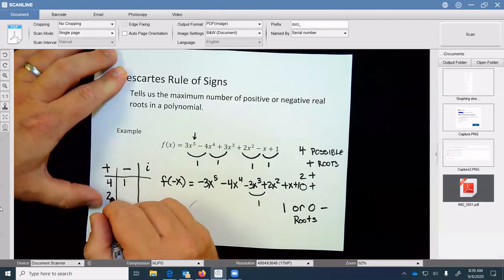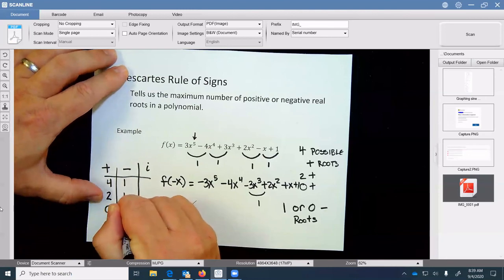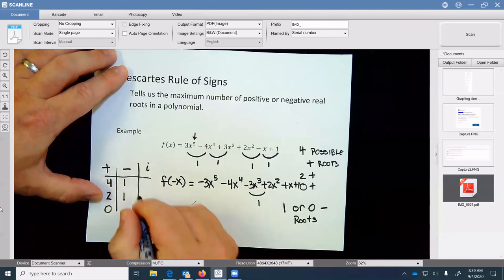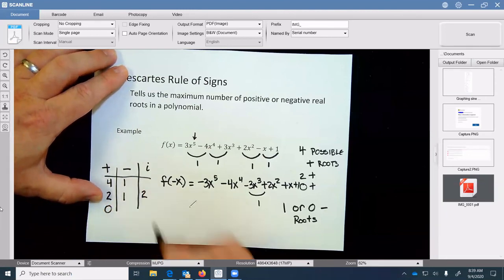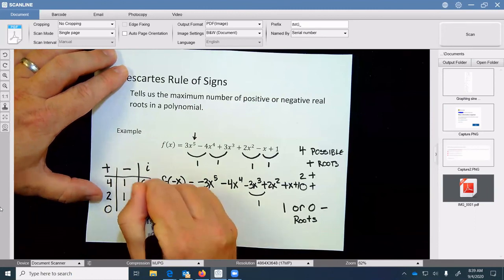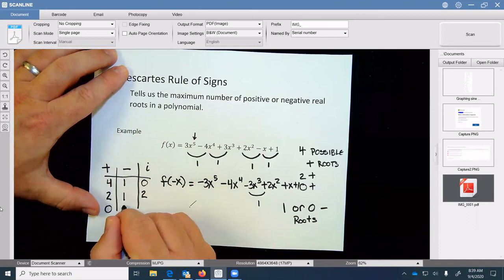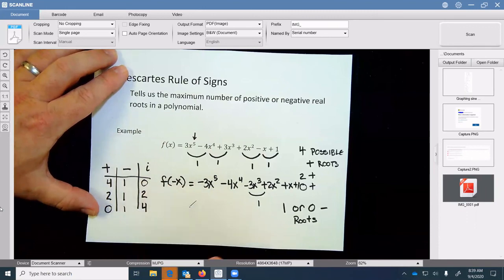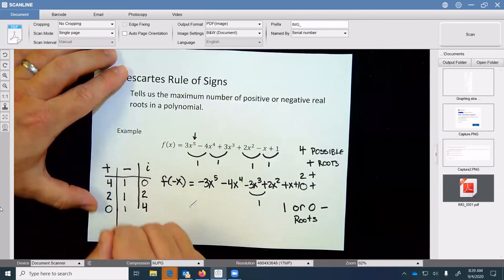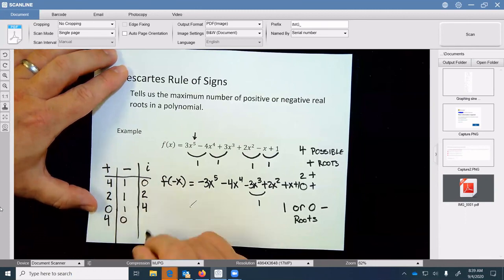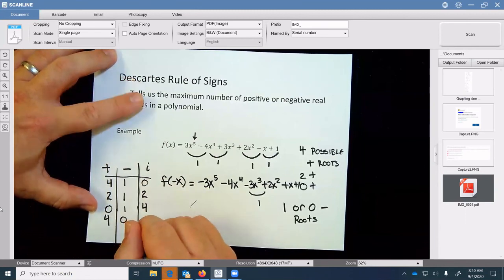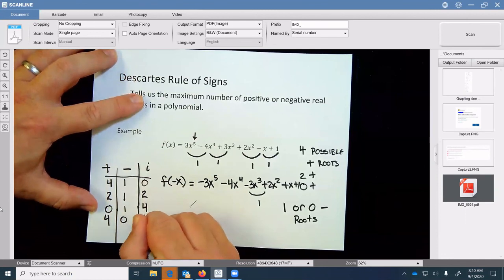We could have 2 positive, 1 negative, and that would mean there are at least 2 imaginary. We could have 0 positive, 1 negative, 4 imaginary. 4 positive, 0 negative, and 1 imaginary.